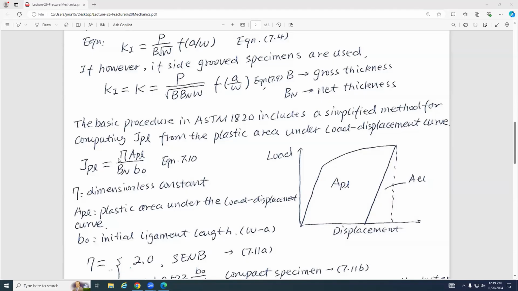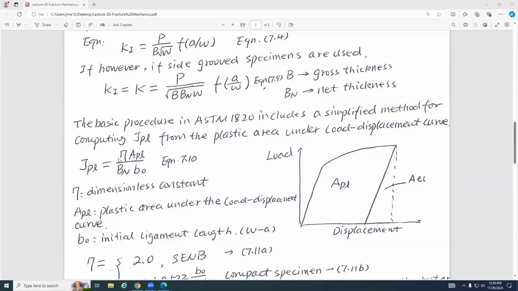I told you guys, in this epsilon and sigma curve we also have at the very beginning linear elasticity, then the material yields, then strain hardening, and then you just remove the load. So this part is elastic strain, and this part is plastic strain. Here it is the same thing, but we use the displacement and the load.